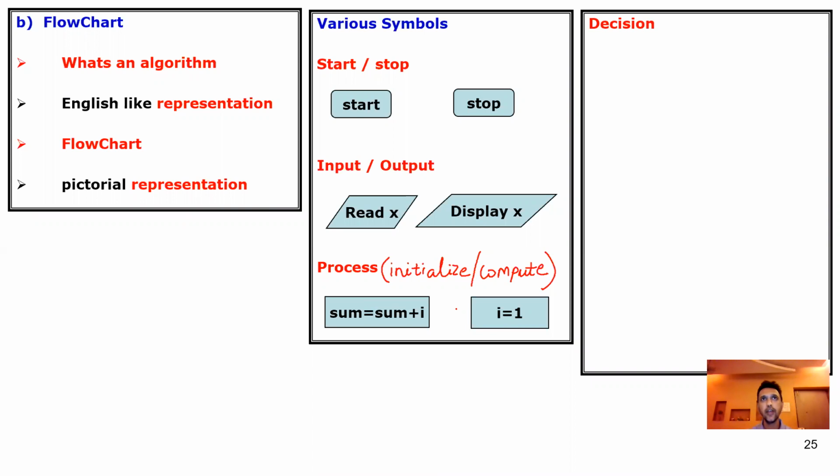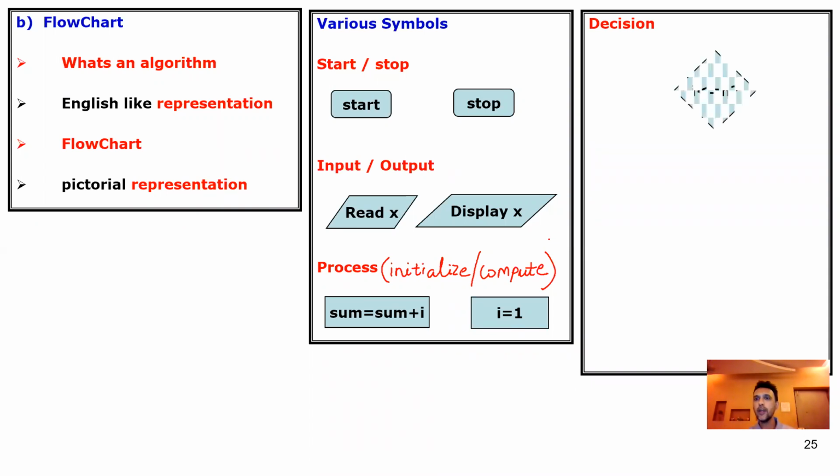If I less than or equal to n, then execute step 5, 6, 7, else go to step 8. Very good. All of you, very good. See, now wherever you are using this thing, if I less than equal to this thing, then do this thing, else do this thing, that is decision. Because why? You are trying to make a decision over here, which step should I execute?